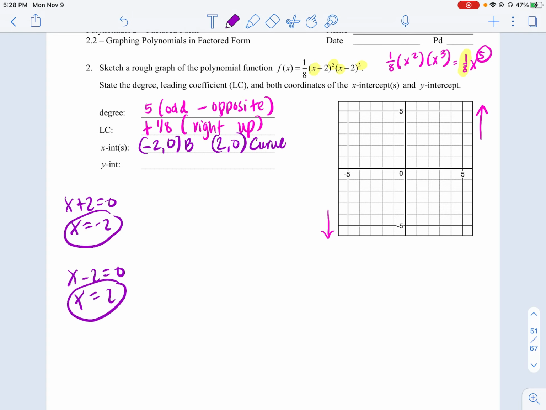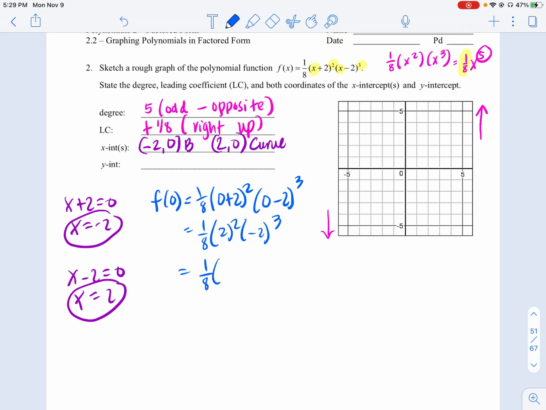Okay. And then let's find our y-intercept. We have f of 0 equals 1/8 times (0 plus 2) squared times (0 minus 2) cubed. 0 plus 2 is a 2 squared. Oops, that's a minus 2 cubed. Don't forget. So 2 times 2, that's a 4.